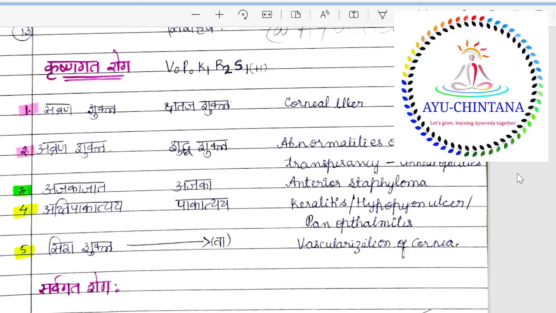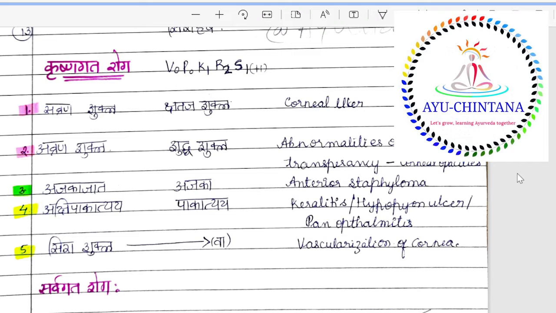All the other 3 are Asadhya. And I have written something at the end, right? Sira Shukla. Sira Shukla is told only by Vagbhata, not by Acharya Sushruta. So Savrana Shukla is Asadhya, Ajaka Jata is Asadhya, Akshipakatyaya is also Asadhya, only Avrana Shukla is Sadhya.